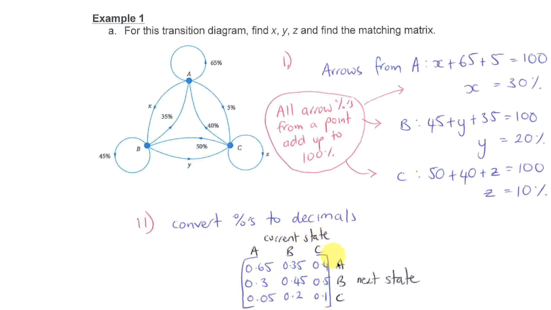Remember, it's always from and to. So from C going to A, we've got 40%, so that's 0.4. From C to B is 50%, therefore 0.5. And from C back to C is that unknown Z, which we solved as being 10%, so therefore 0.1.